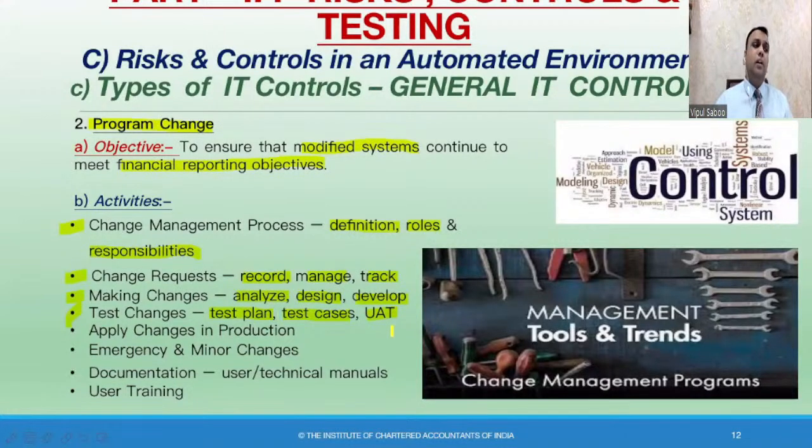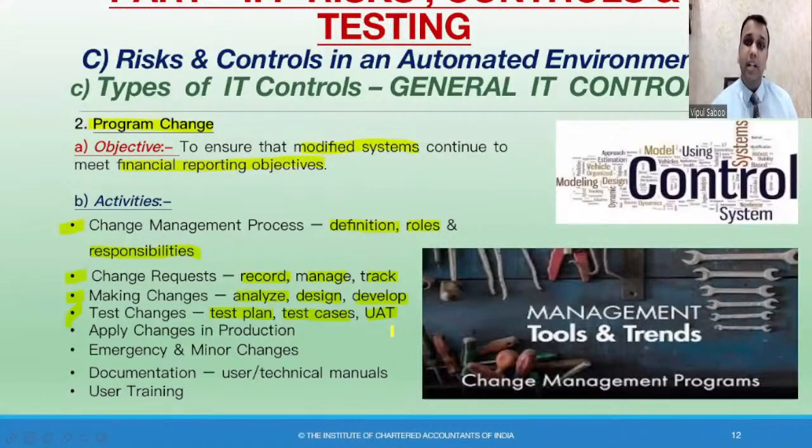For example, one person from my company said that whenever I print a report, there should be my name as a footer on the physical report. But I am putting it as a footer. My name, Vipul Sabu, should be there on the footer.